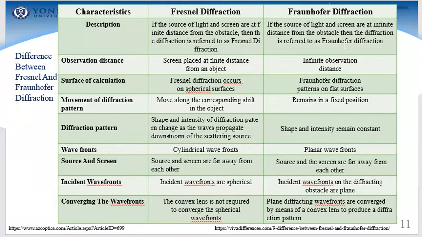The wavefront for Fraunhofer is a planar wave, and for Fresnel is cylindrical. The source and screen for Fraunhofer are both far away from each other. The incident wavefront for Fresnel is spherical, but for Fraunhofer it is plane.